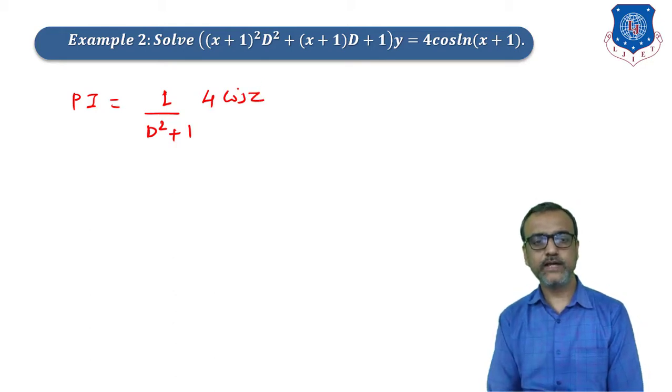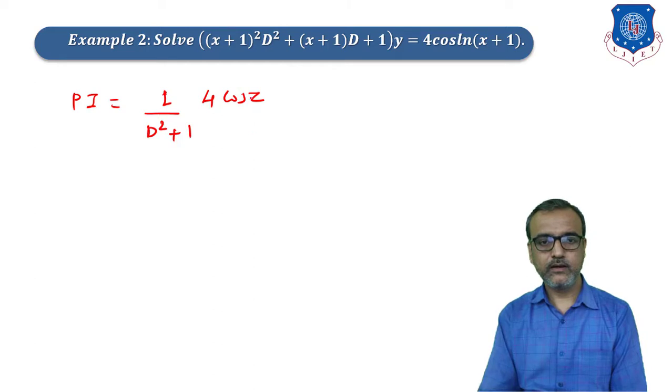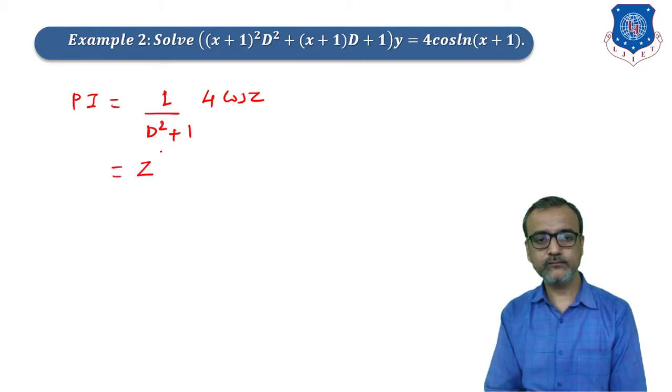Now think about case number 2. Here the value of a is 1, so we will replace d square by minus 1. And if you replace d square by minus 1, you will get 0 in the denominator. So what we will do, we will multiply the result by z and differentiate the denominator. 1 upon the derivative of d square plus 1, that is 2d. 1 is a constant, so its derivative is 0.